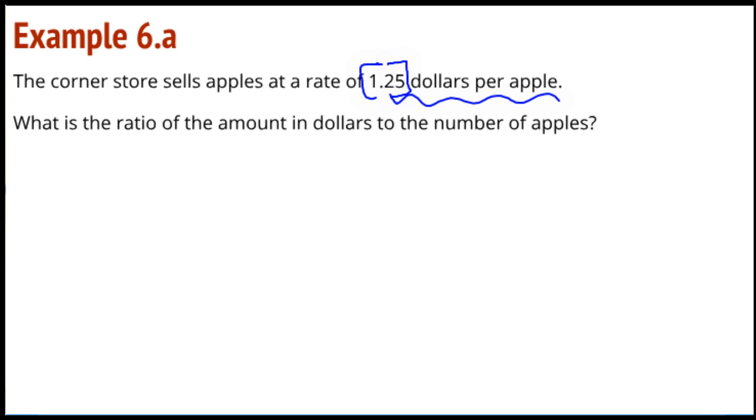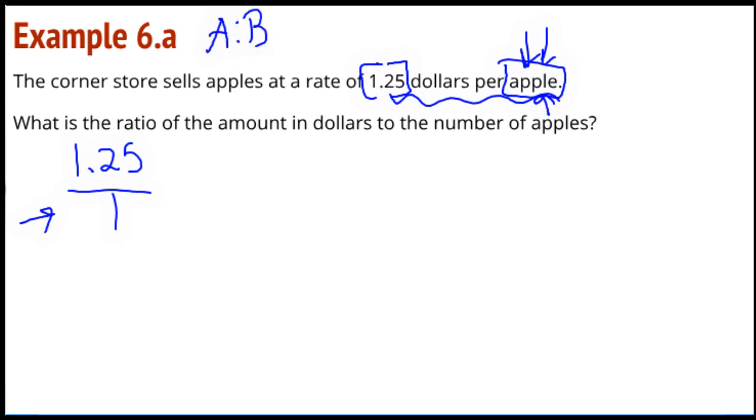Well, the other part of the ratio is right here. It says per apple, singular. So we're talking about 1 apple here. So our unit rate is actually $1.25 to 1. So thinking about our I can statements here, writing a ratio where B is equal to 1.